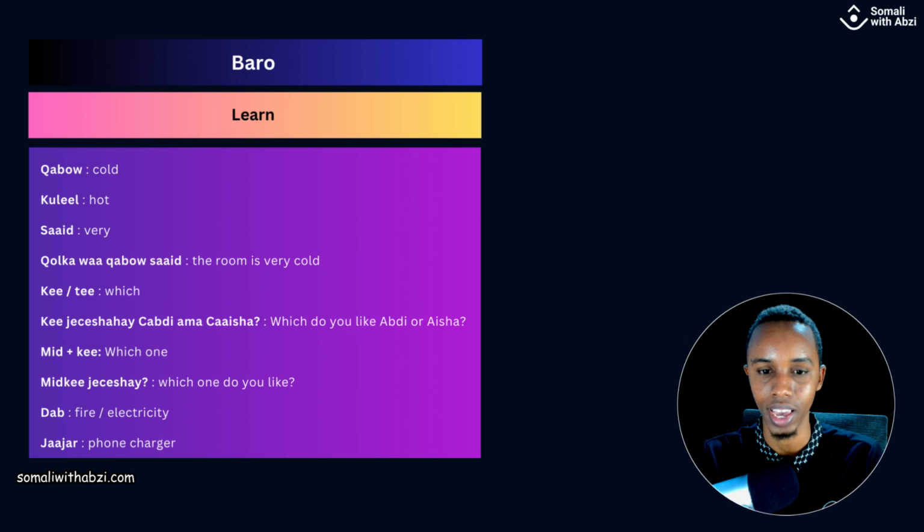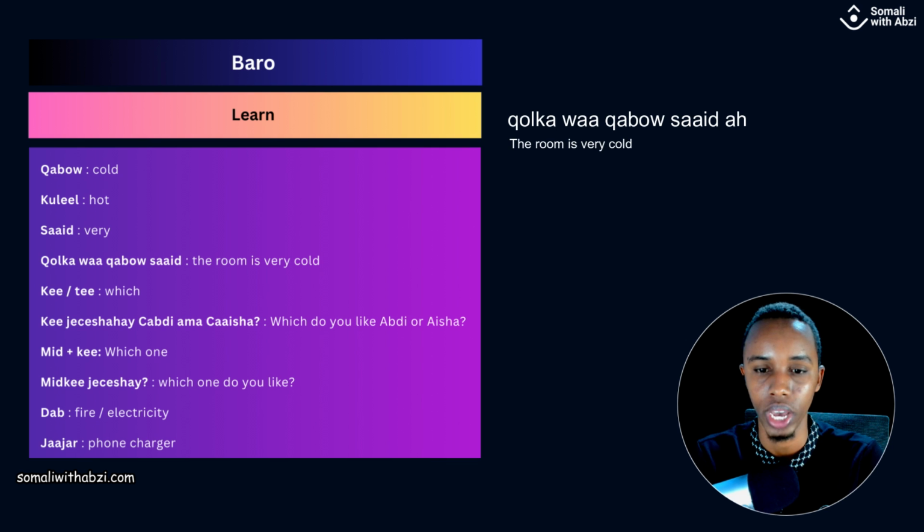Okay, the next one is sa'id. Sa'id in Somali we add usually at the end of adjectives, and you can also skip it, it's optional. So for example, if I'm going to say the room is very cold, qolka waa qabow sa'id ah.